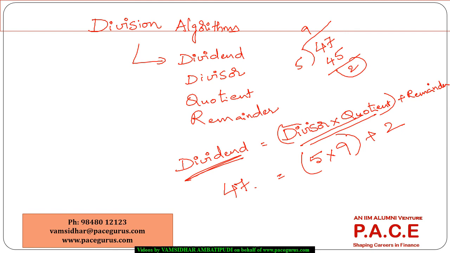So these are some of the important aspects I thought I should bring as a part of the very basics of numbers. And as we move further in another topic, I'll bring out a few more important properties relating to numbers.